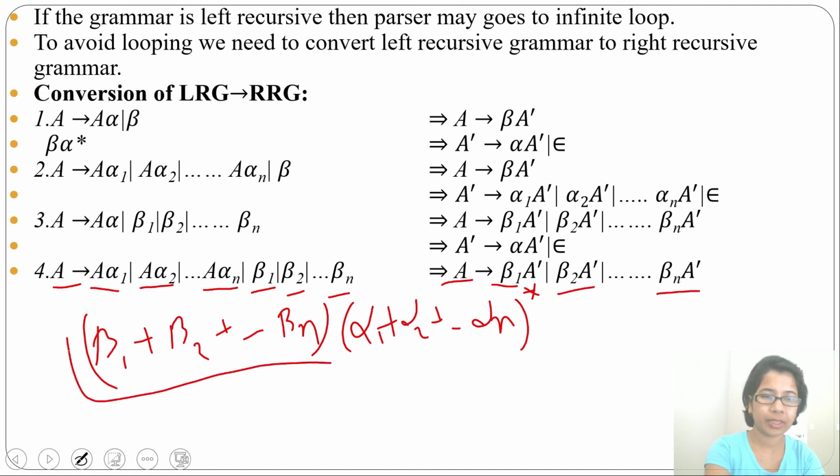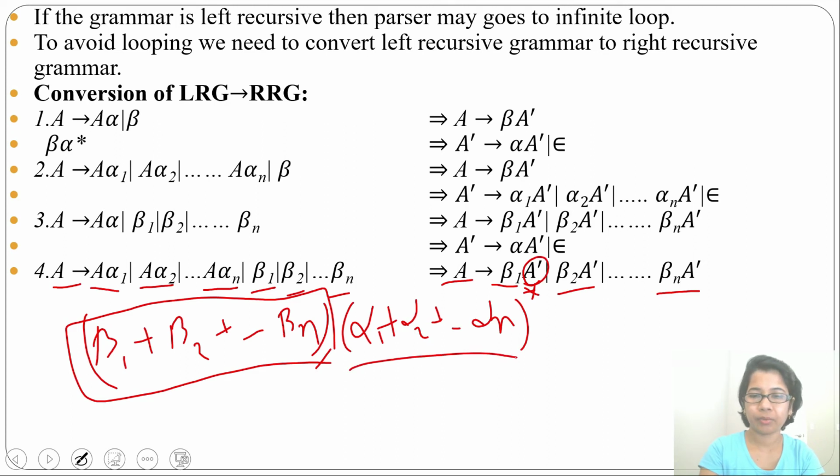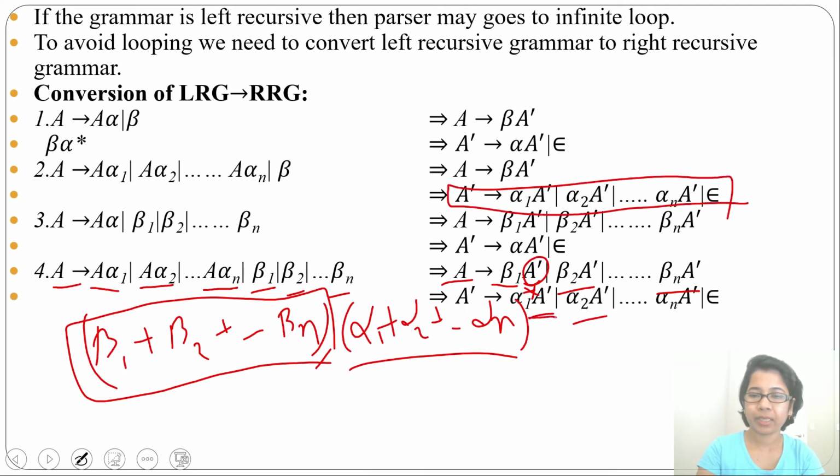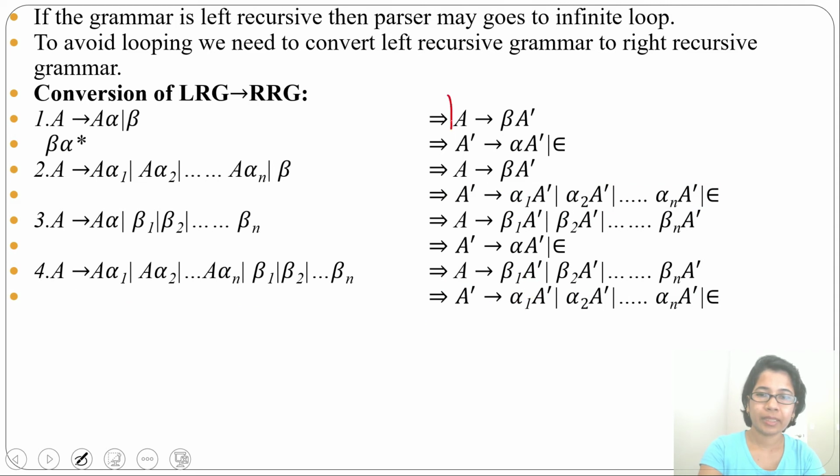This will be for this part, beta 1 plus beta 2 up to beta n. Now from this A dash you will generate alpha 1 plus alpha 2 up to alpha n, whole Kleene closure. That we already did here, so we'll just repeat this one. From A dash you will generate alpha 1 A dash, alpha 2 A dash or alpha n A dash or epsilon. This is our main formula for converting left recursive grammar to right recursive grammar.